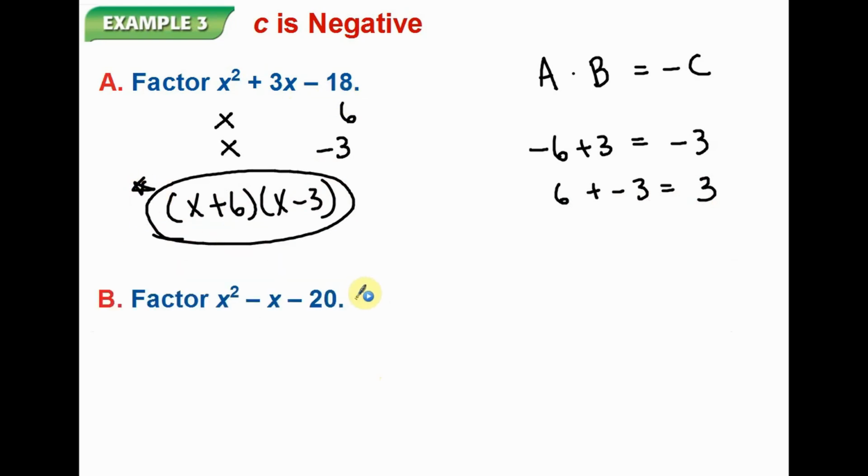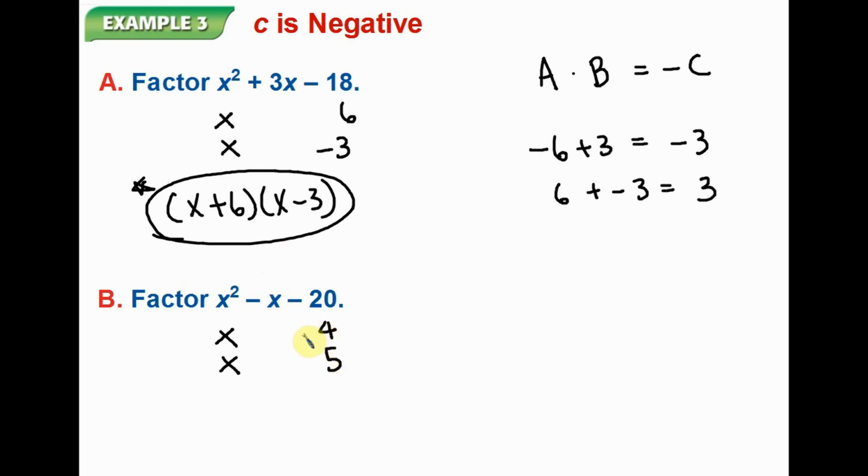Part B. Again, you're going to think about what two numbers you need to multiply to get negative 20, while when you add them, I will get negative 1 this time. So one more time, x times x will get x squared. Two numbers, when you multiply, you get negative 20. I could have come up with 4 and 5. In order to make it negative, if I had negative 4 plus 5 will be positive 1.